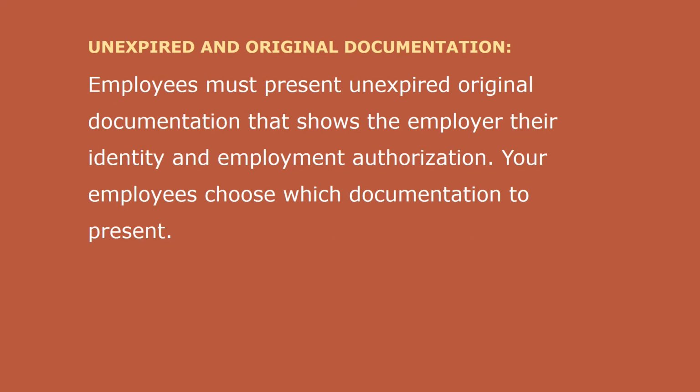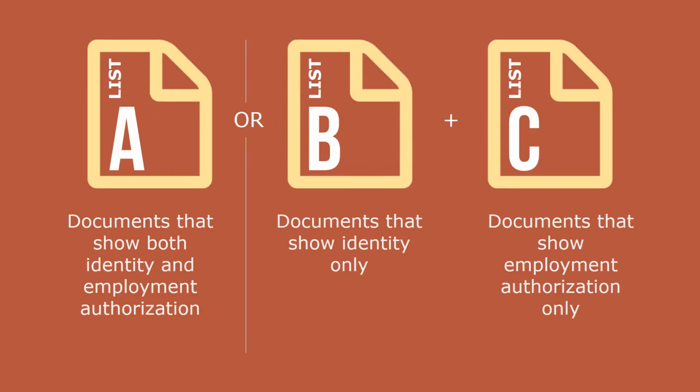Employees must present unexpired, original documentation that shows the employer their identity and employment authorization. Your employee chooses what documentation to present. Employees must present documentation as you see here. Either one document from List A or one document from List B in combination with one document from List C. List A contains documents that show both identity and employment authorization.